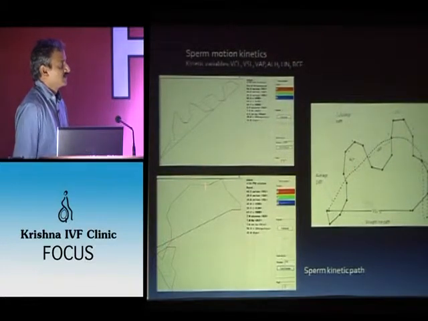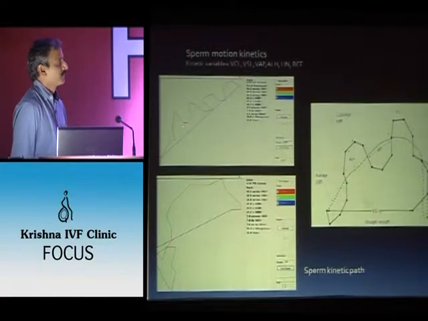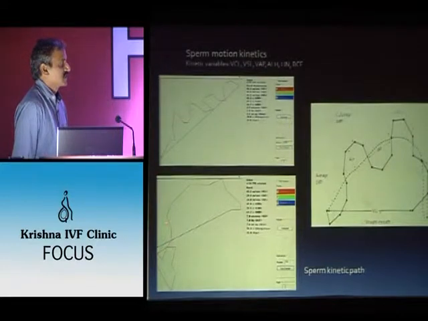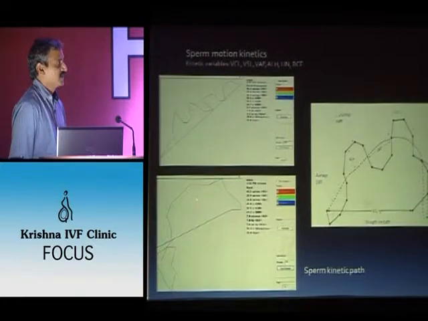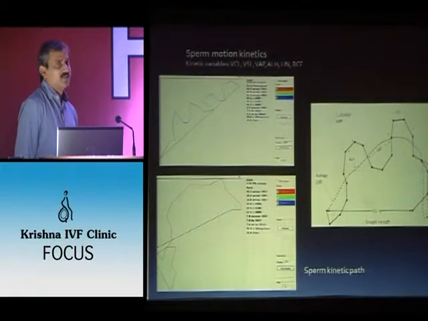If you see these two graphs, this one tells you about a sperm with good motility, and this is poor motility. This sperm has taken a long path to reach this point. There is a lateral deviation from the straight line, whereas this is close to the straight line, and you have various parameters here. So these can become good predictors of sperm motility.